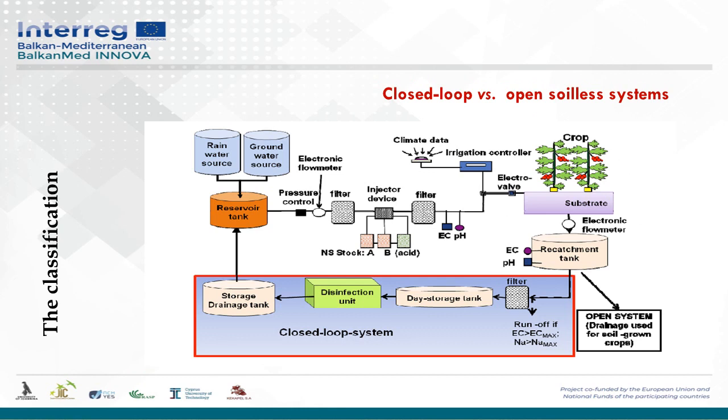This is a schematic representation of the open and closed soilless production systems. And as you can see from this scheme here, there is water collected from the rain, and there is water pumped from the underground, which are mixed together, and obviously we use the rainwater to improve the quality of the water we use for preparing the nutrient solution.